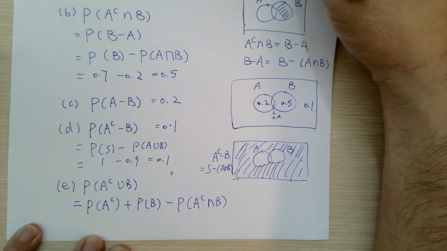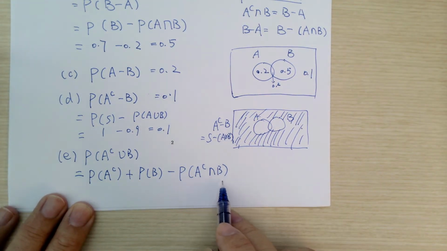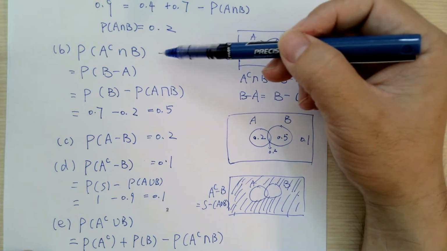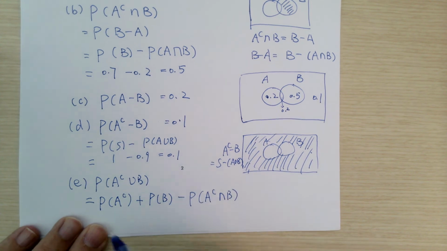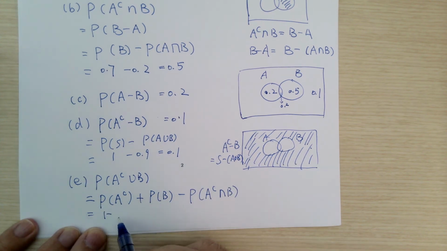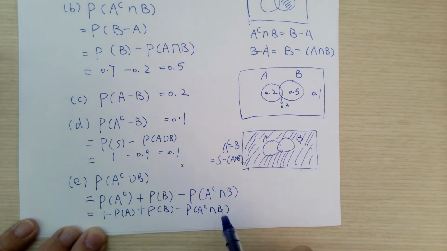And for this part, A complement intersect B, we already figured out from part B, okay? And P(A complement) is 1 minus P(A), plus P(B), minus P(A complement intersect B).